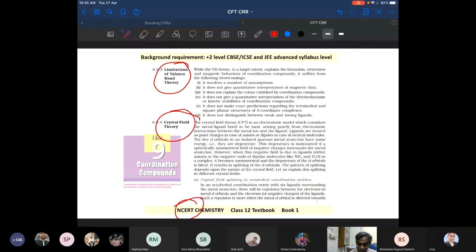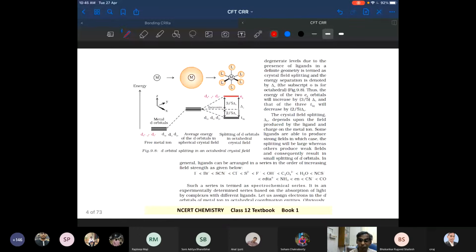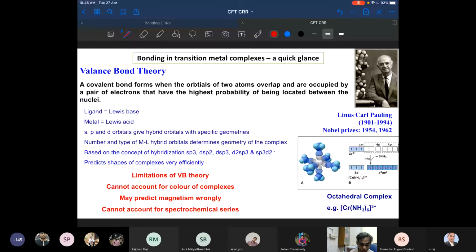It's not something new, provided you read through the NCERT textbook. Again, this is also there. So very briefly, around 2 pages, I have taken from the NCERT book. This we will study in detail. Now we'll go, again, it's a repetition of what I explained in the previous class.